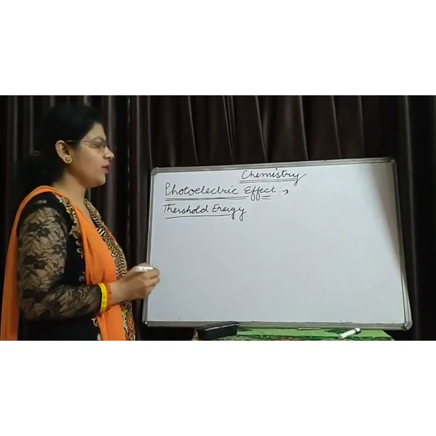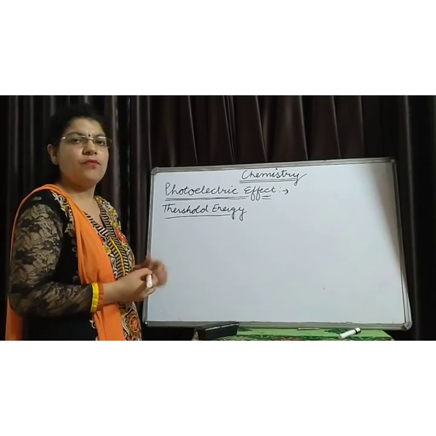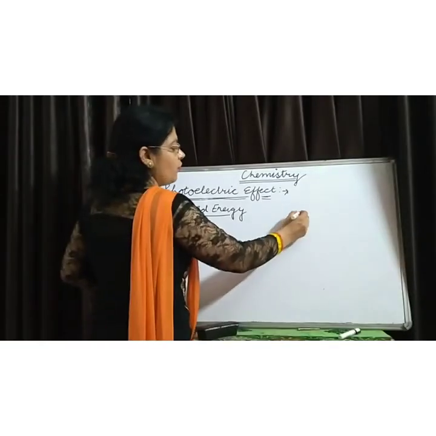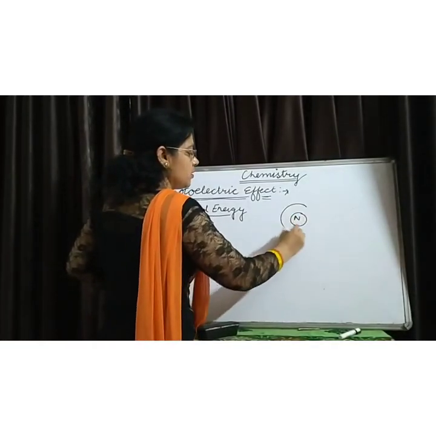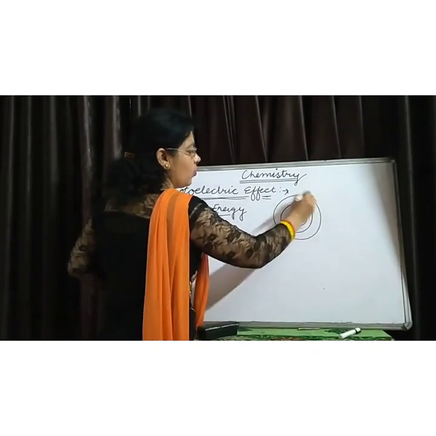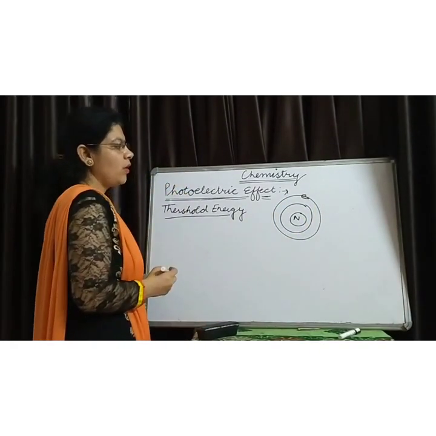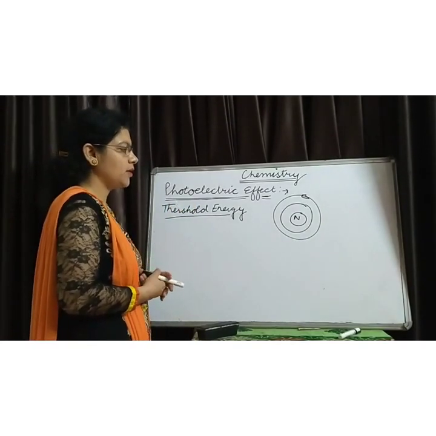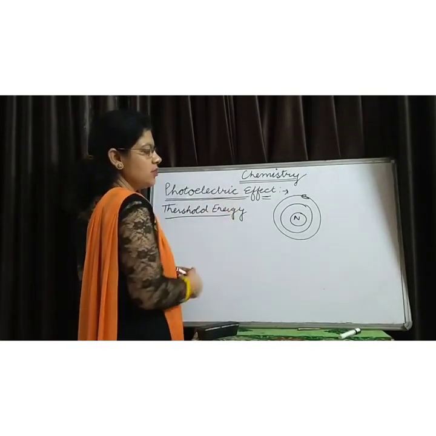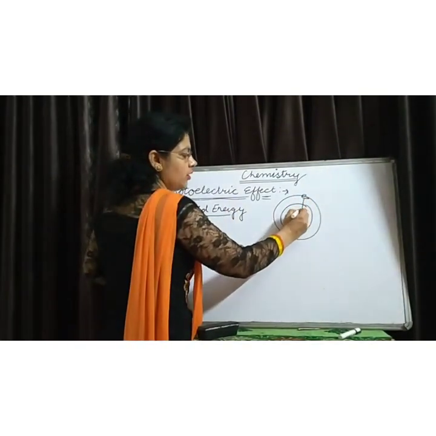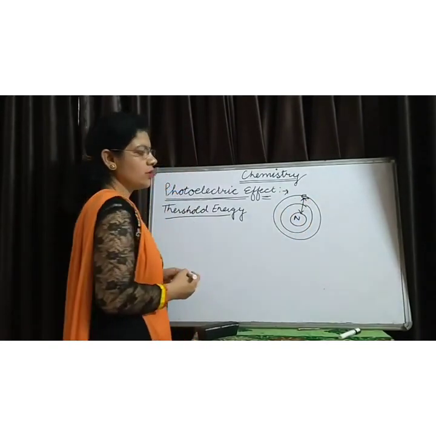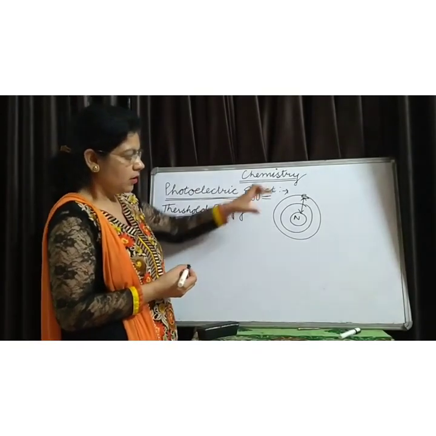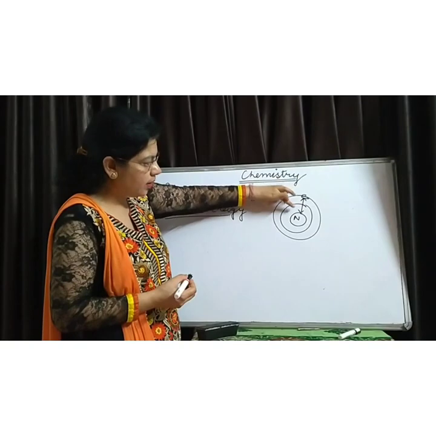As the photoelectric effect is the removal of the electron from the surface of the metal, and we know that there is force of attraction between the nucleus and the electron, whenever we supply energy in the form of packets or bundles, that energy is used to overcome the force of attraction between the electron and nucleus.